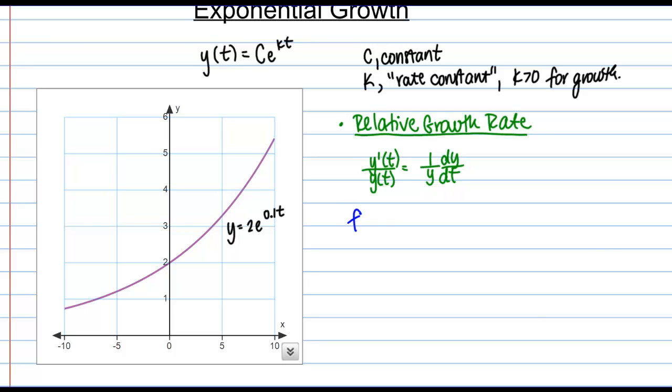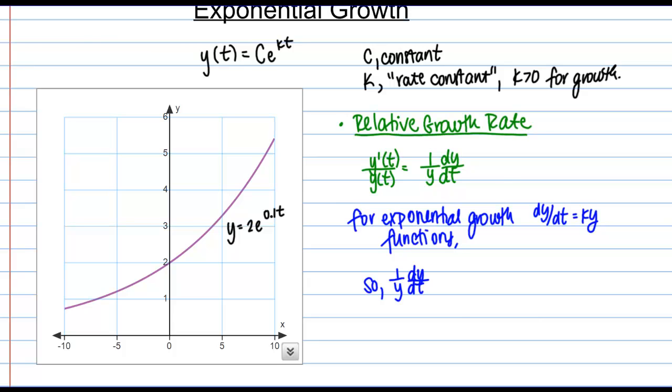So remember before, we said that for exponential growth functions, dy dt we could write as k times y. So then we see that the relative growth rate given by 1 over y dy dt equals ky over y, or k. So then what we see is that the relative growth rate is constant for an exponential growth model.